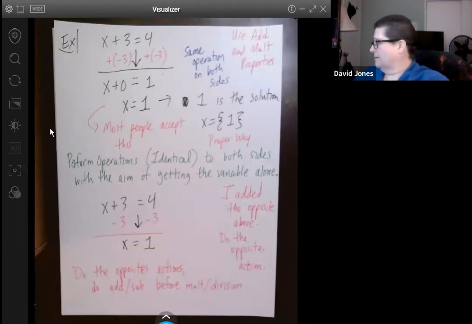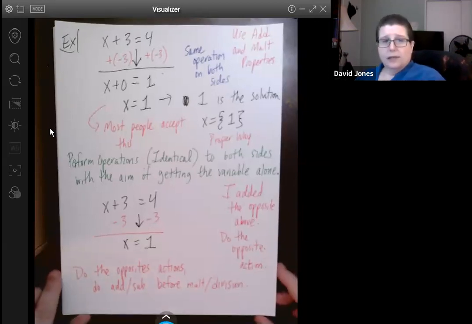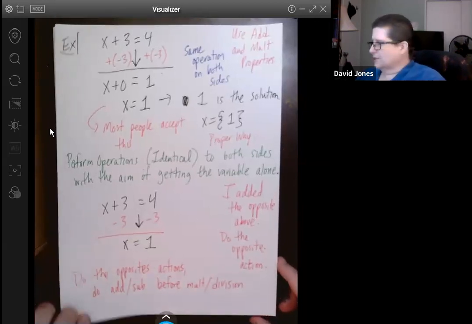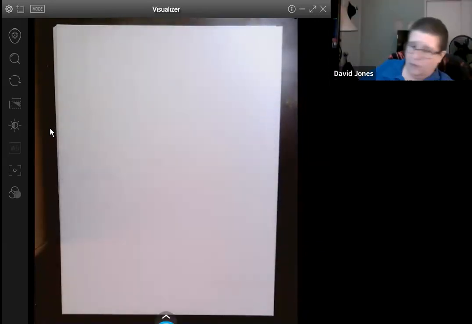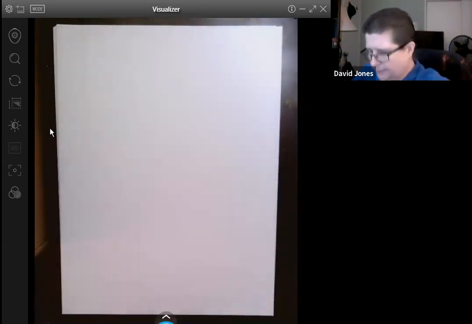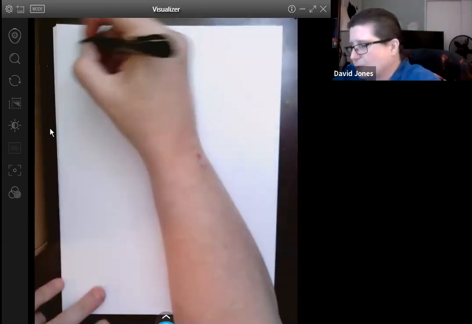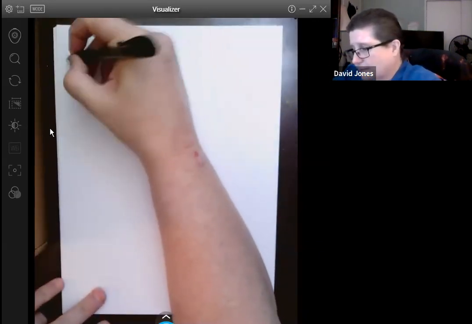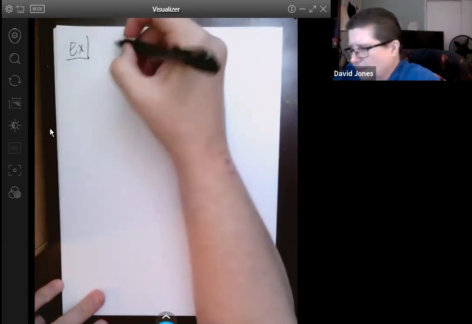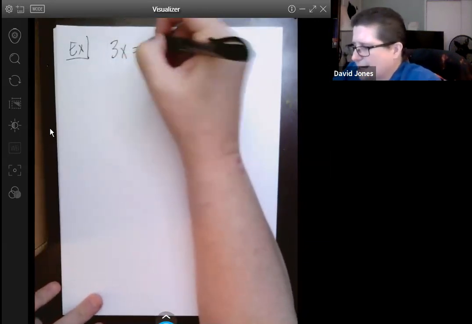Let's just get the ground rules up. So that's an addition example. Let's look at a multiplication example. I've got 2x equals 5. Now, let's even do better. Let's go 3x equals 7.